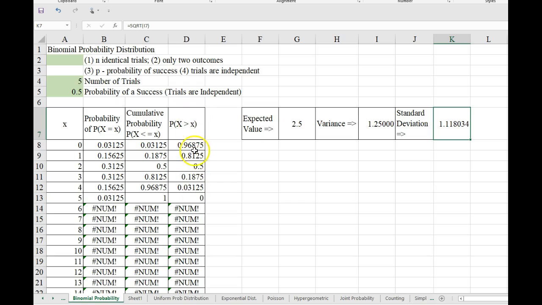This third column of probability is simply taking the cumulative probability and subtracting it from 1 to give you the probability that x is strictly greater than that corresponding value of x shown in the first column.